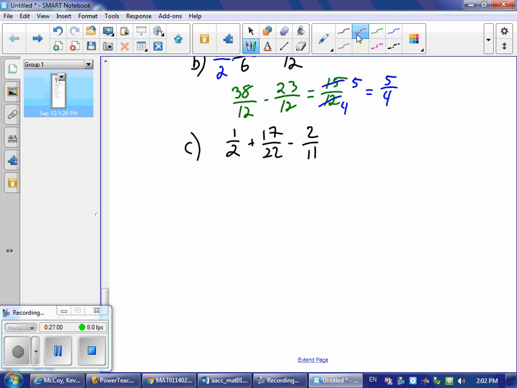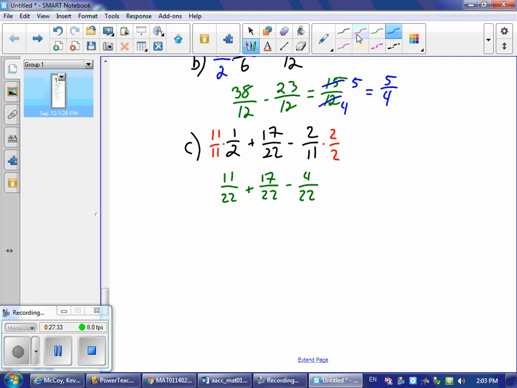That means I'm going to have to multiply the 1/2 by 11 over 11 to get a 22 on the bottom, and the 2 over 11 I'm going to have to multiply by 2 over 2 to get that 22 in the denominator. So now let's multiply. 11 over 22. The second one stays the same. It already had the 22. The third one now becomes 4 over 22. And then we add left to right.